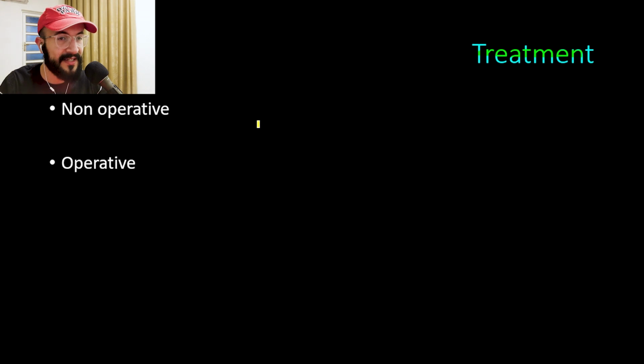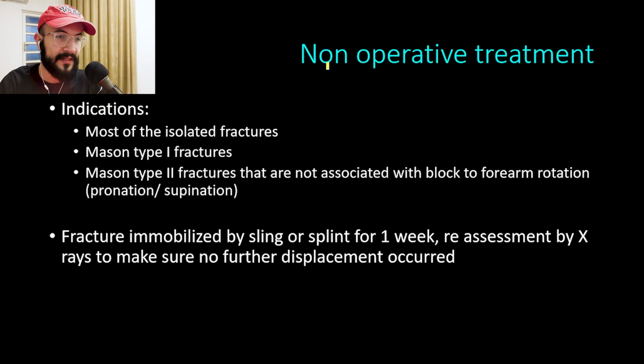Now let's talk about the treatment. In radial head and neck fractures, we either treat them non-operatively or operatively. Starting with non-operative treatment, the indications include most of the isolated fractures and the Mason type 1 fractures, which are the non-displaced or minimally displaced fractures with no mechanical block to forearm rotation.